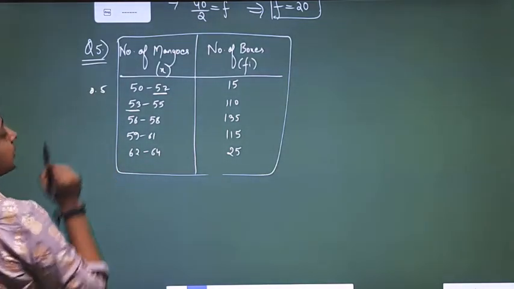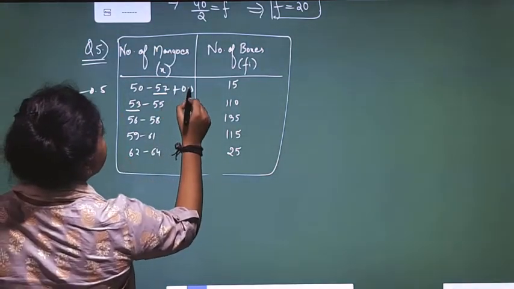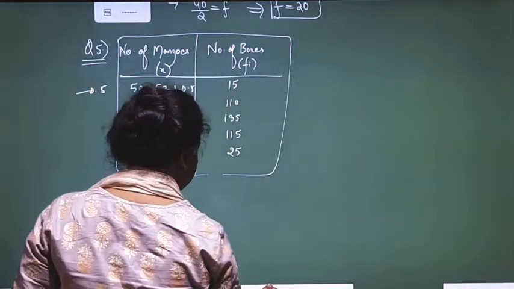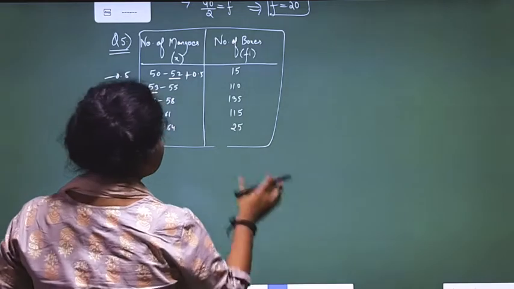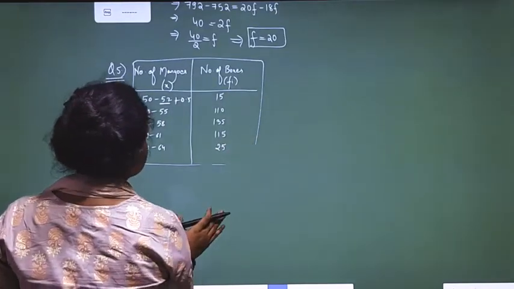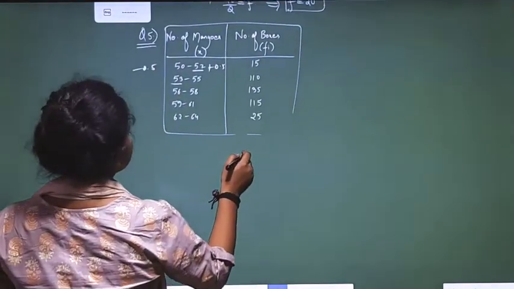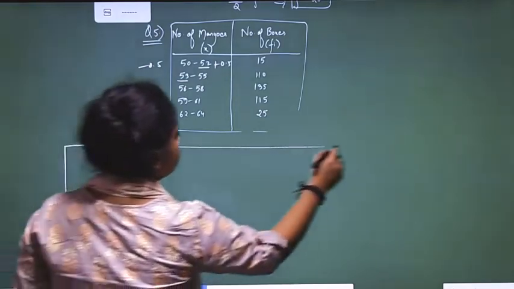From the lower limit, we'll be subtracting 0.5 and in the upper limit, we'll be adding 0.5. So with this, the table will be converted in this form.